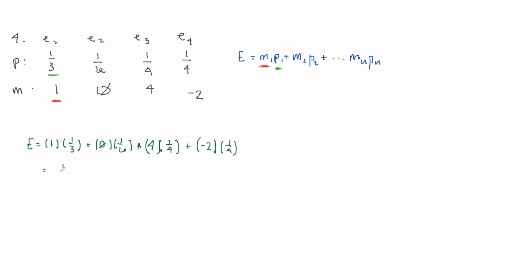This is going to be 1/3 plus 0 plus 1 minus 1/2, which I'm going to turn into 2/6 plus 6/6 minus 3/6. So that's 5/6.